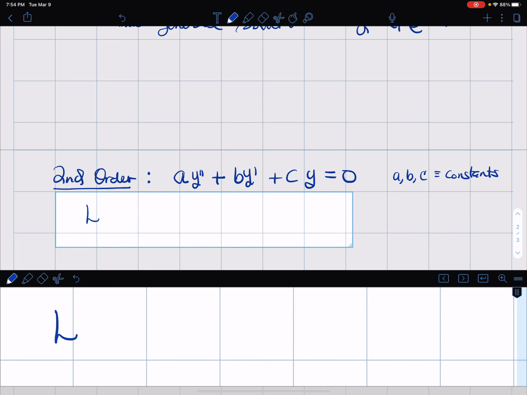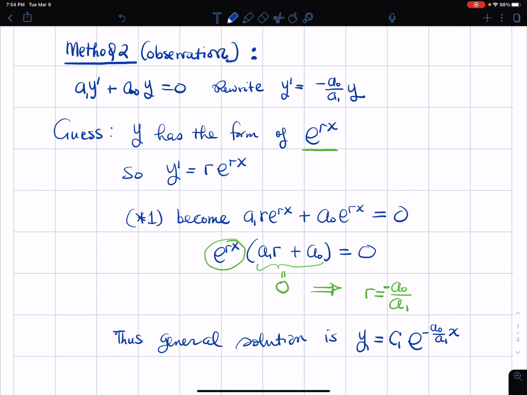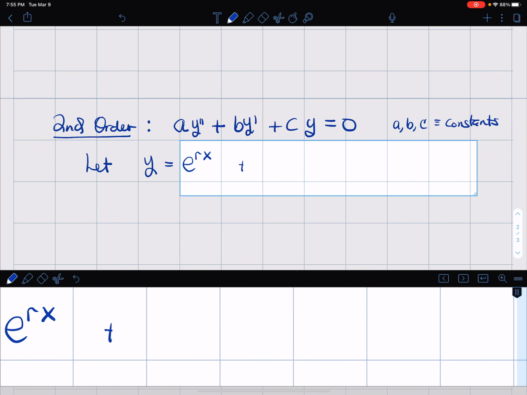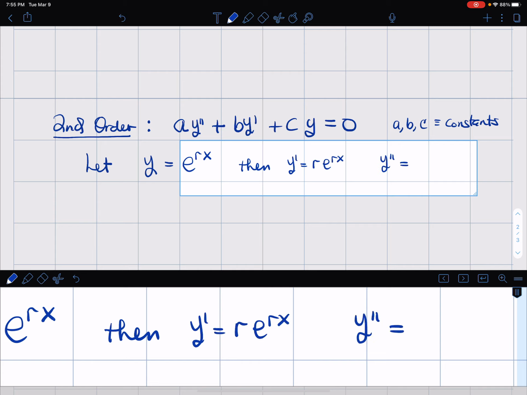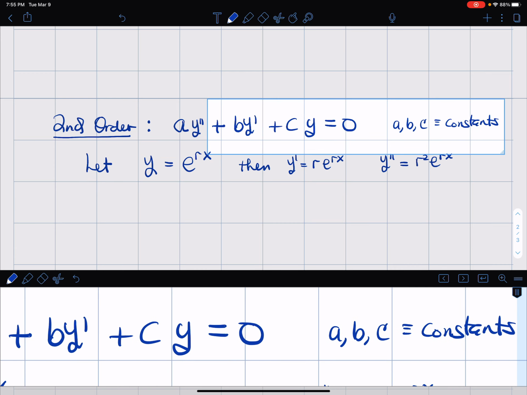Again, let's assume that our solution has the form, that y has the form e to the rx. And why are we doing it? Because we're motivated by what we found out here. So if we do that, then y prime is r e to the rx, y double prime is equal to r squared e to the rx, right? So plug this back into, I'm going to call this asterisk 2.